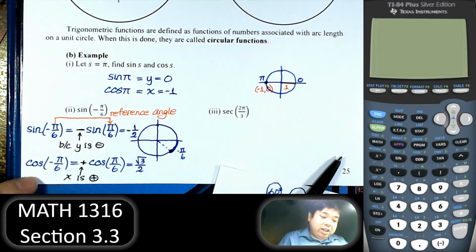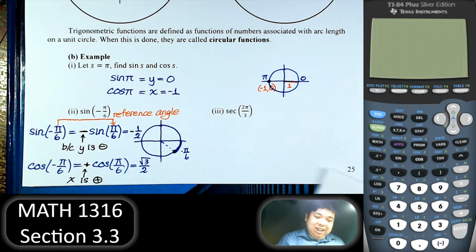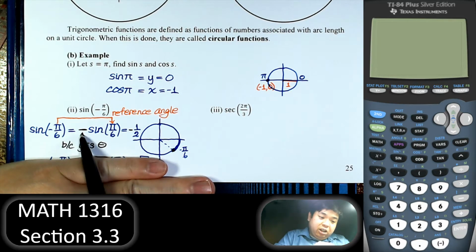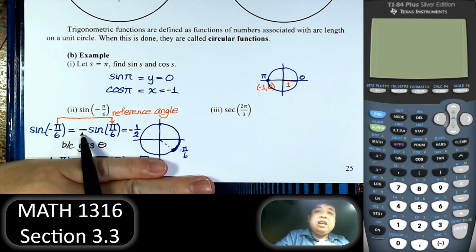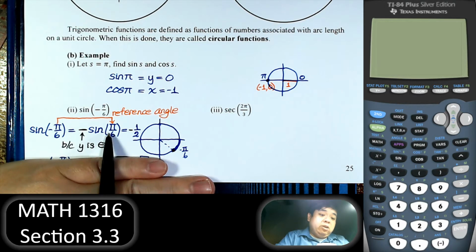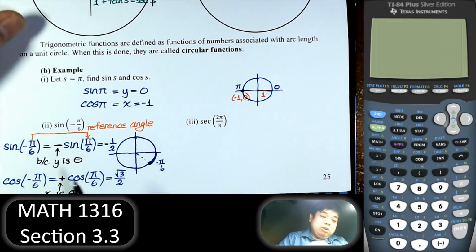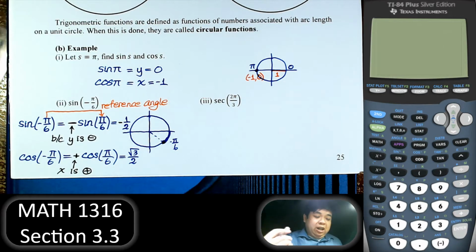By the way, the question did not ask us for cosine of negative pi over 6, but we did that anyway. So again, two things. We consider where the point is on the circle, and we can determine if x or y is positive or negative. That gives us the sign. And then we get the reference angle and find the values of that. In the next part of the section, we worry more about how to find the reference angle effectively.